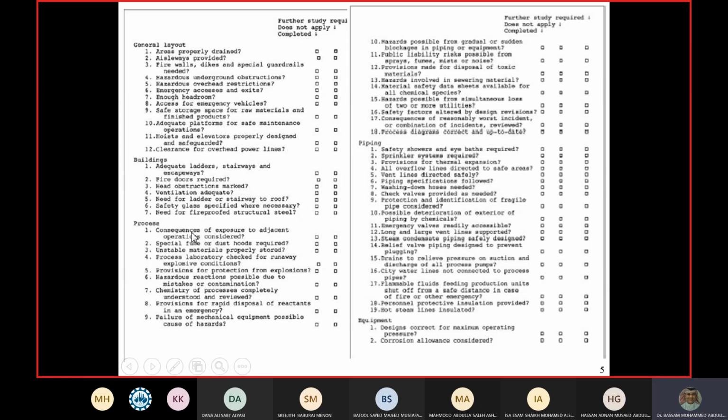Let us go to something that is more enjoyable. The process. Consequence of exposure to operation considered. So here you may put some more details about exposure. What kind of exposure do you mean? Special fume or dust hoods required. If I go inside a lab within the industry, I see whether those dust hoods or fume hoods are available. Unstable materials properly stored.